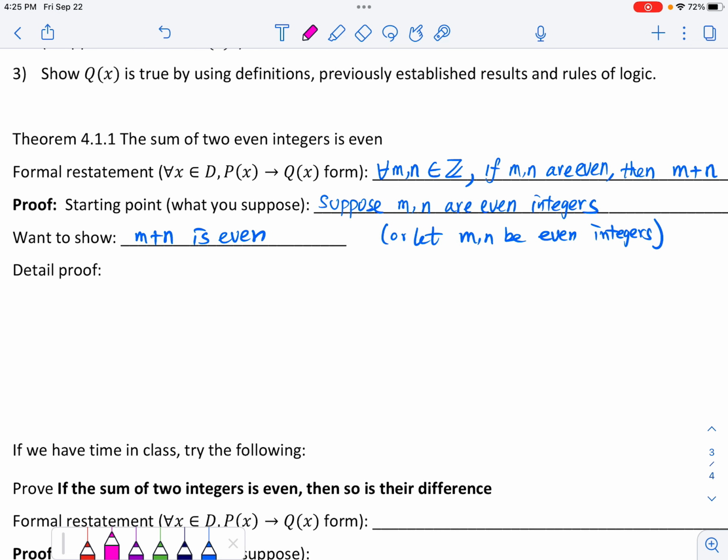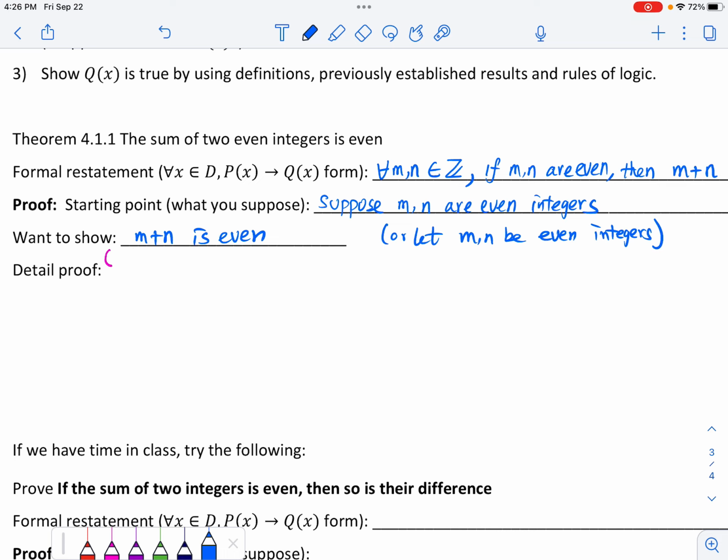Now, oftentimes this is where I begin to ask my students to always think about it this way. Ask yourself, what does it take for you to conclude that m plus n is even? That traces back to the definition of even. How can we show something is even?